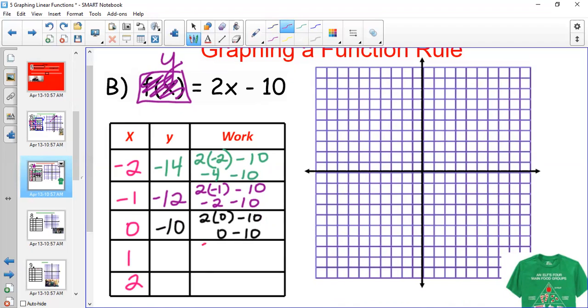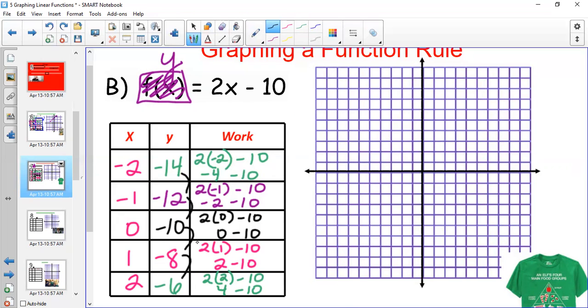All right, so let's plug in 1 this time. 2 times 1 is 2 minus 10. That would give us -8. And the last one here, if I plugged in 2, 2 times 2 is 4 minus 10, I'd get the answer of -6. All right, so do I have a pattern? Yeah, I do. It's actually going up by 2 each time.